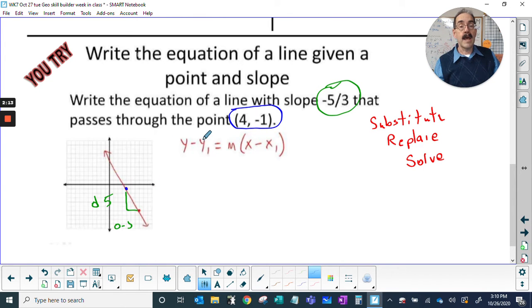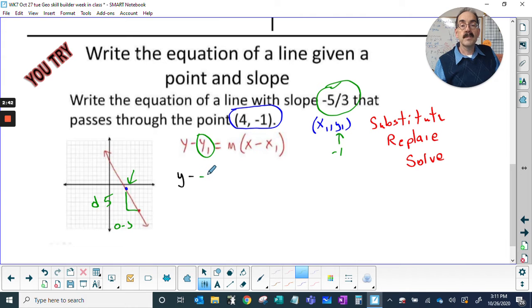Now, the equation of a line looks like this. You're going to memorize that. We're going to rewrite it given x1, y1. We have a y, we have a minus. We are given a y1 on that line, the y1 of -1.